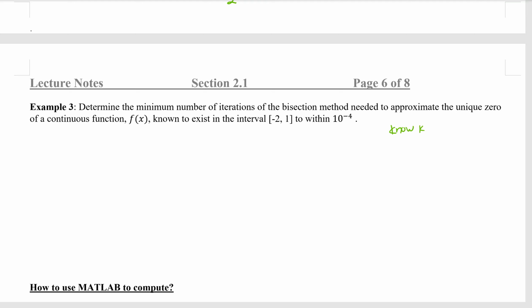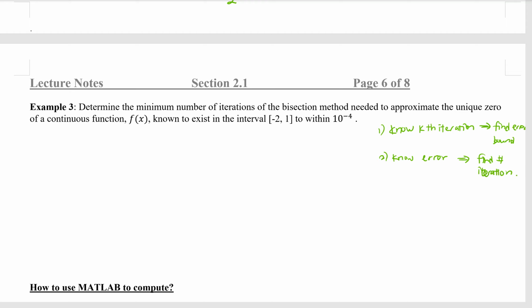We know the number of iterations and want to find the error bounds, or we want to control the error and find the number of iterations.